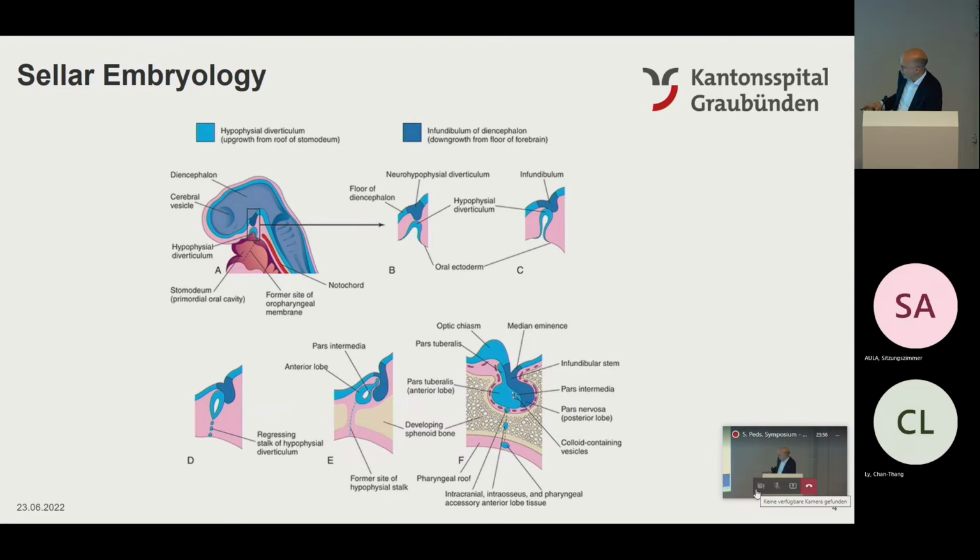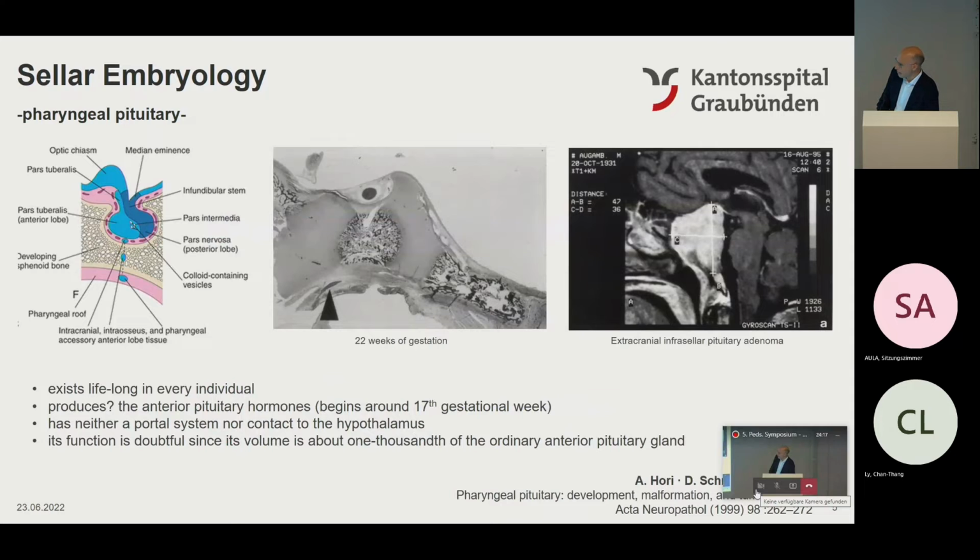It can remain in the sella, outside the brain, but also in the bone or in the pharynx, and it's called accessory pituitary tissue, which has some clinical implications. You have some residual pituitary gland tissue. In this study they found that this pharyngeal pituitary exists lifelong in every individual, and it may also produce hormones.